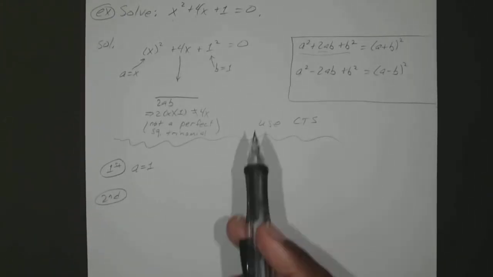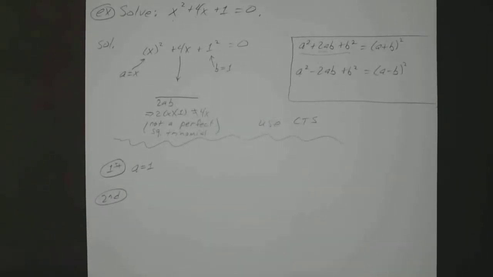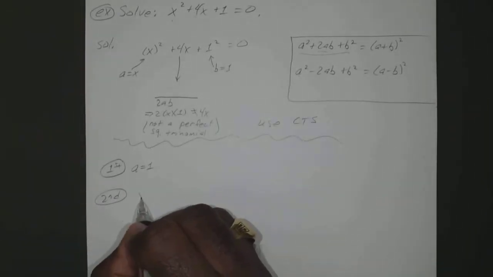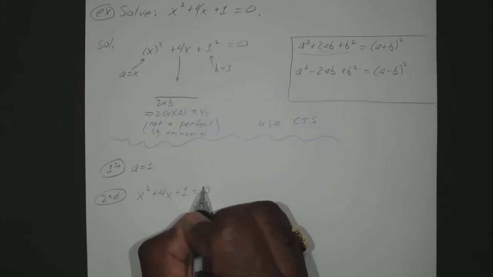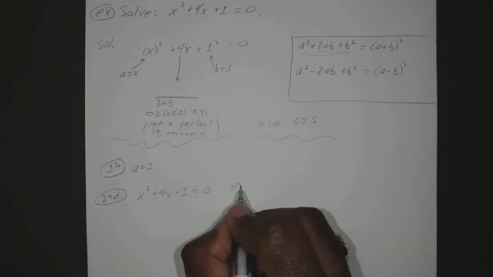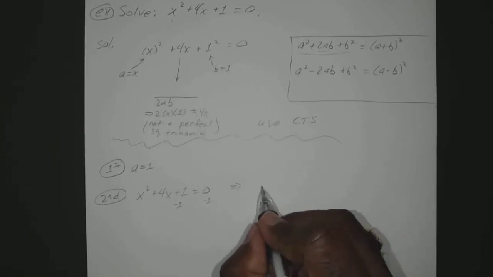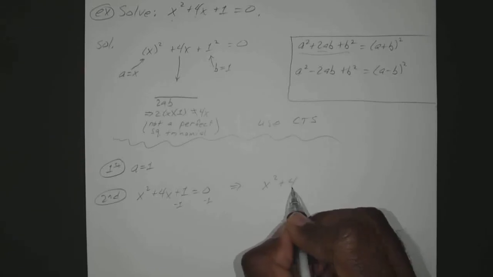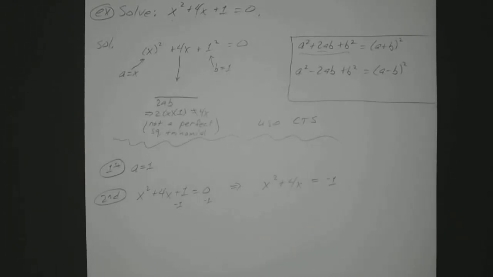Second step is we're going to bring all of our non-x terms to the other side. So x squared plus 4x plus 1 equals 0. Once we subtract 1 from both sides, we end up with x squared plus 4x equals negative 1.